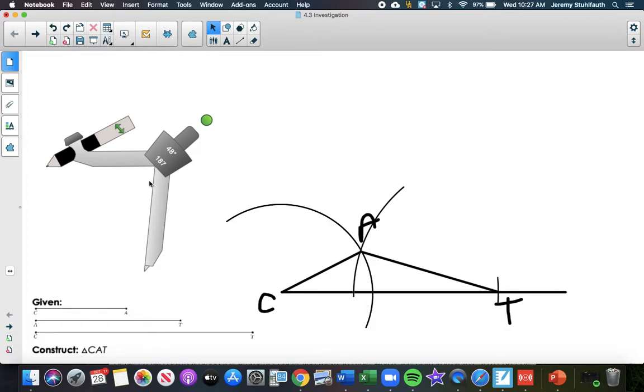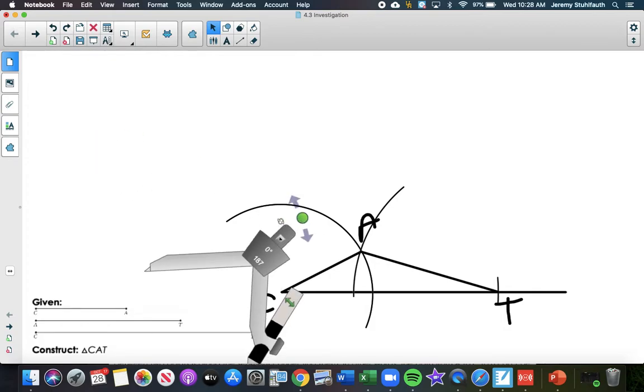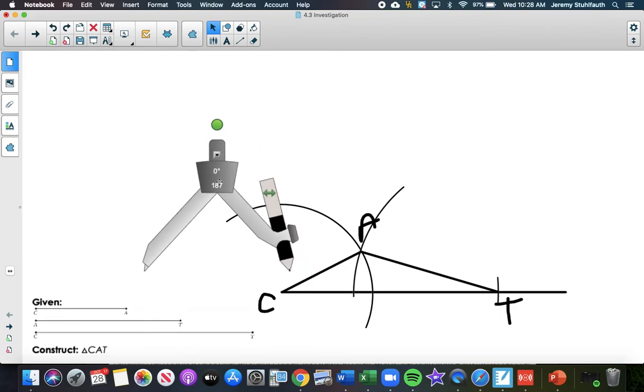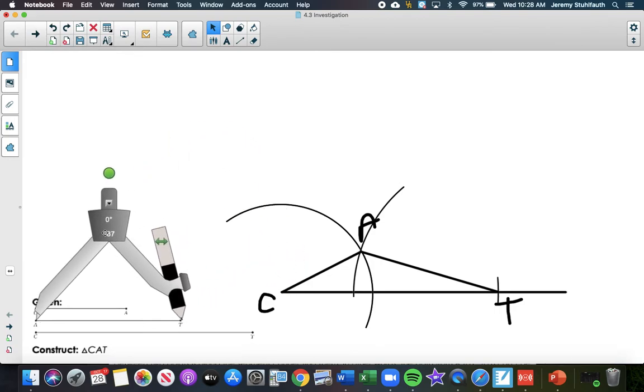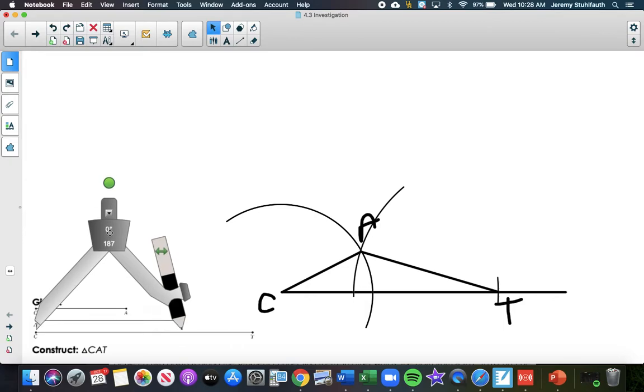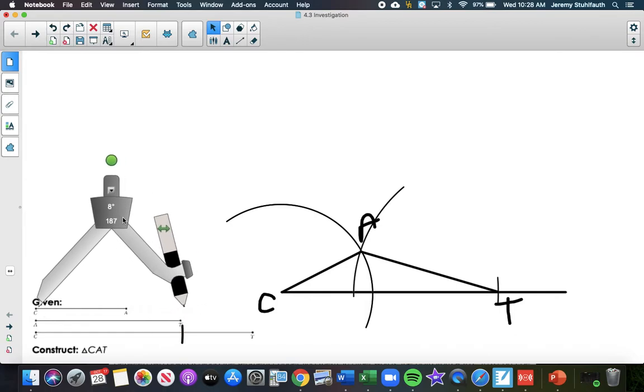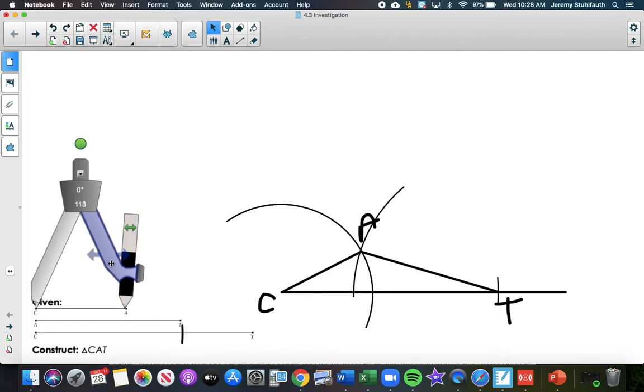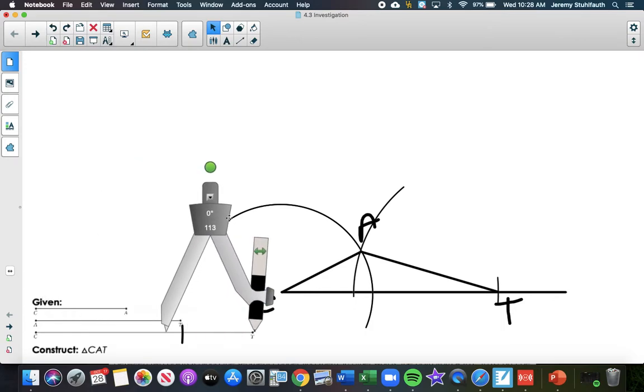Now, if we come over here, let's check the two shorter sides and see what happens. If we look at AT first, we put AT here, and then let's see what happens if we add on CA.